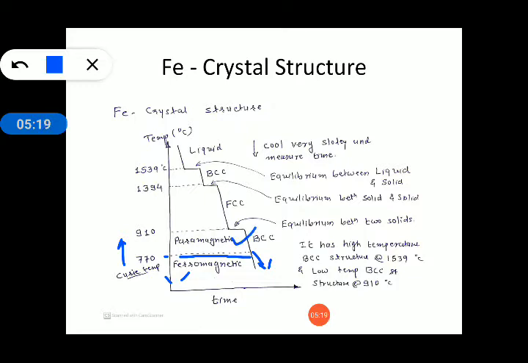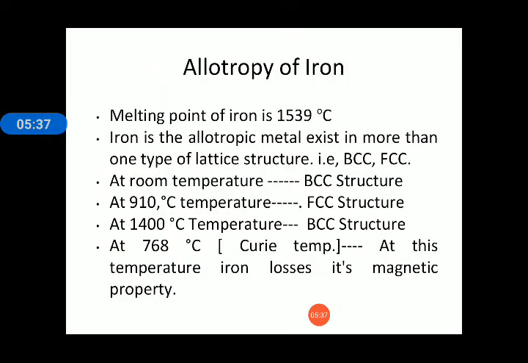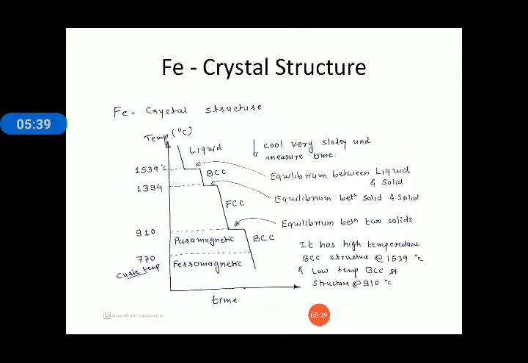So above the Curie point there will be no magnetic property in the crystal structure. Only after the Curie point does the iron get the magnetic property.